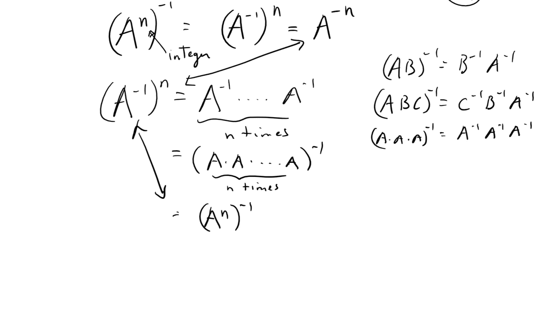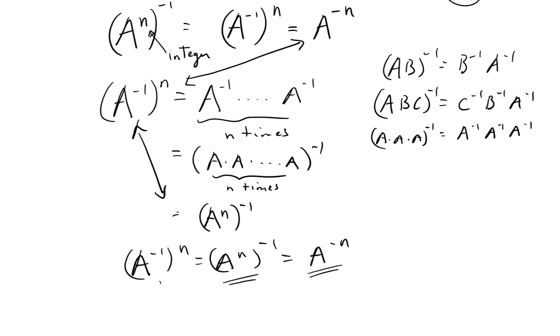So the big thing here is that if I write this or that or that, they all mean the same thing. This notation that we've introduced, you could wonder whether that is also equal to this, but this is what I've just shown you.